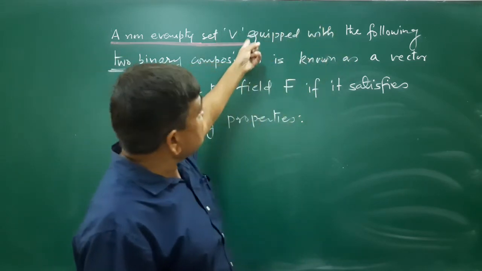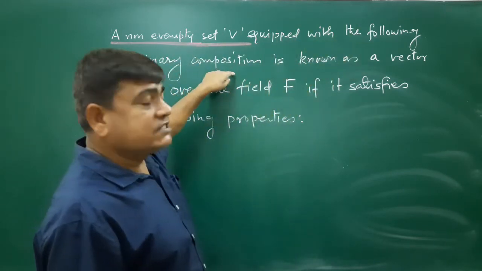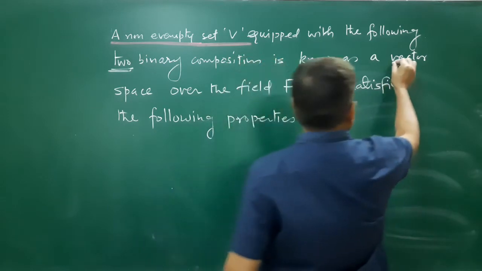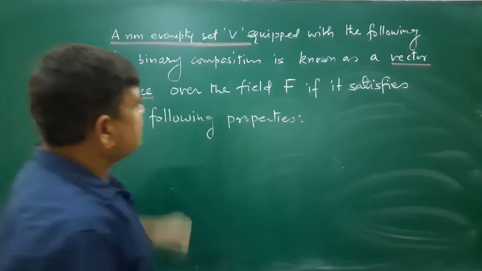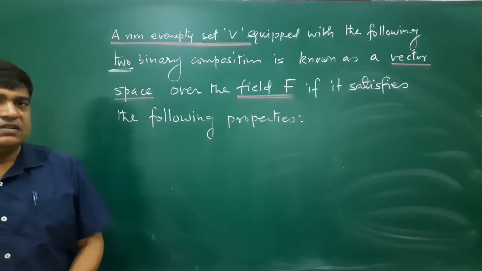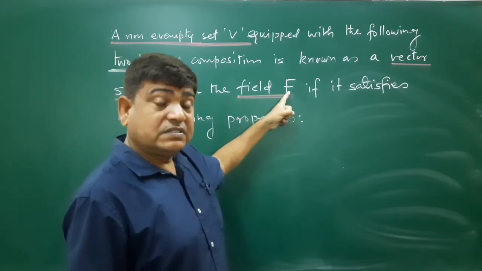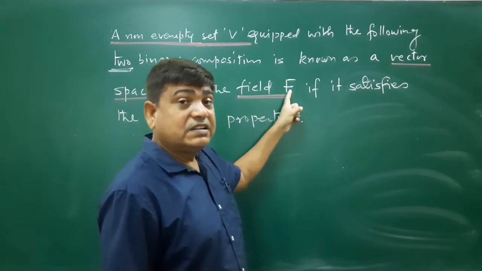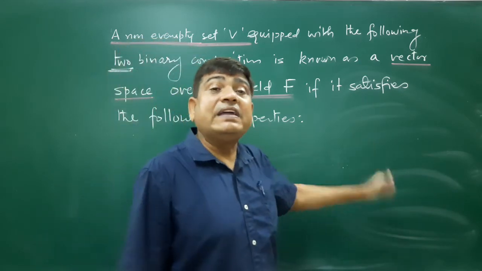The name of the set is vector space over the field F. Be careful. Here it is written over the field F. It means this has 11 properties that I have just explained.